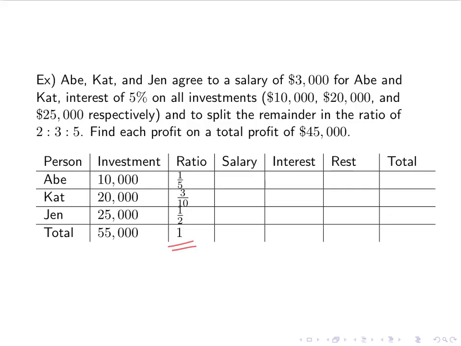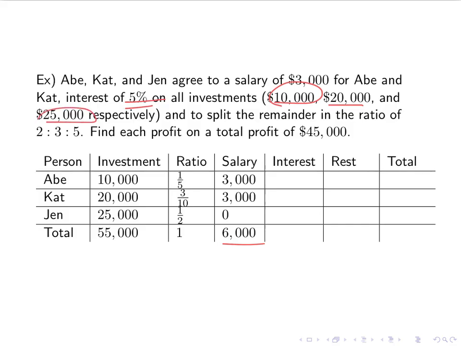So for salary, we have $3,000 for Abe and for Kat. Jen doesn't get any, and then the total salary is the $6,000. For interest, it's 5% on their investment. So Abe is getting 5% of $10,000, Kat is getting 5% of $20,000, and Jen is getting 5% of $25,000.